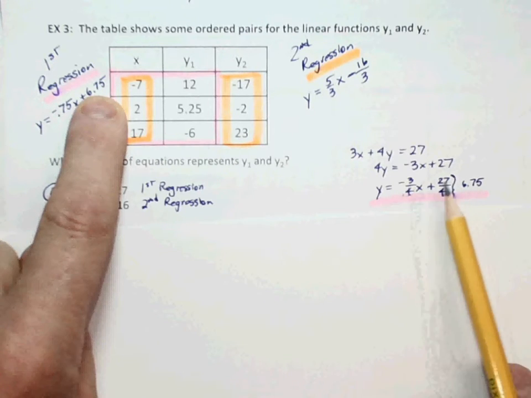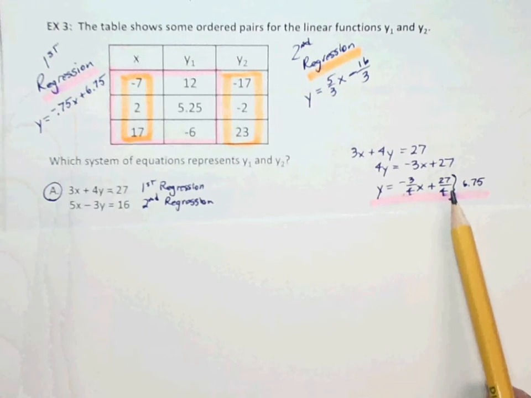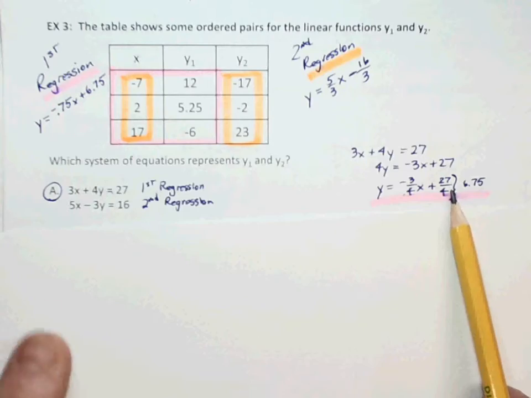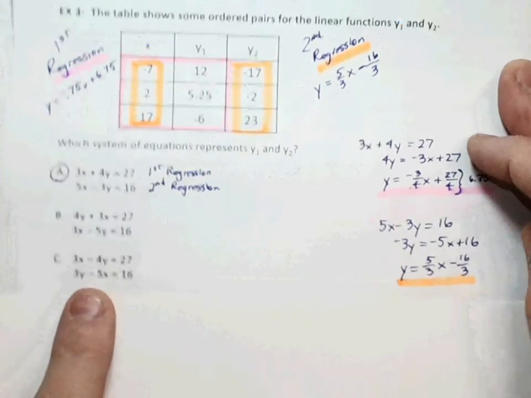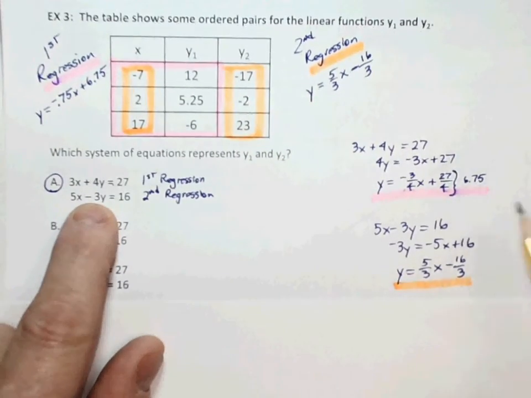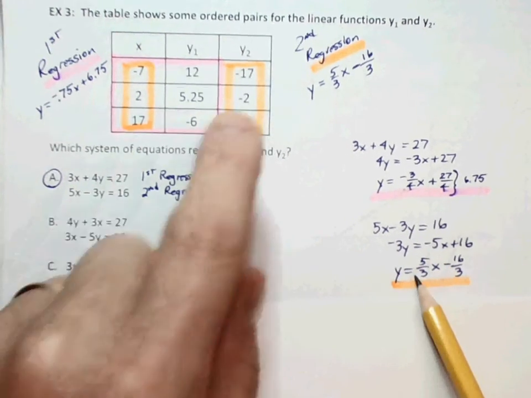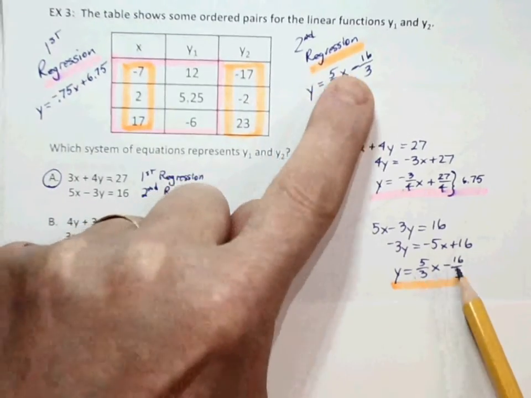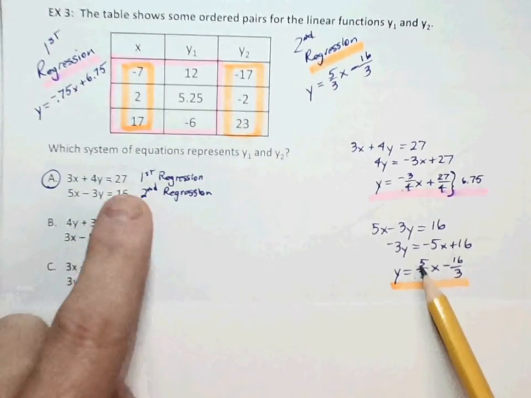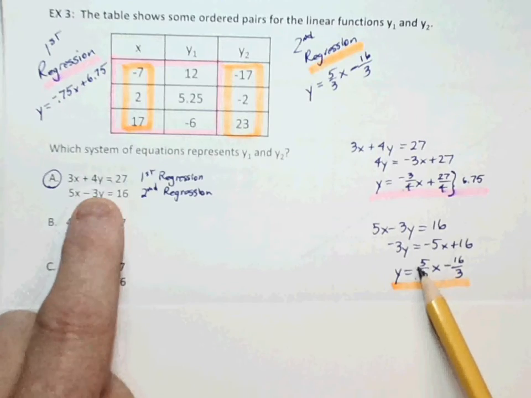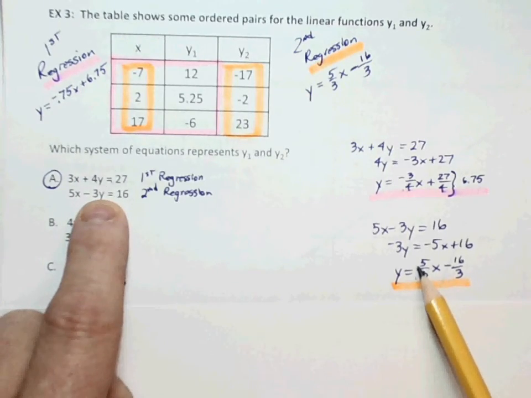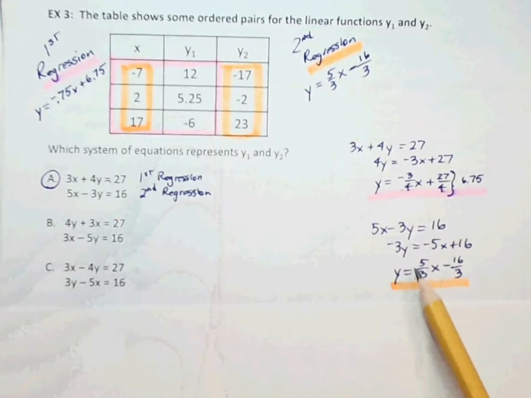You might have to do some fraction to decimal conversion. If we check the second one, solving for y, move the x, change the sign, divide by negative, negative divided by negative is positive. Look what we get. We get what our calculator told us. So the answer to this, or the system, is right here, and the outputs are right there.